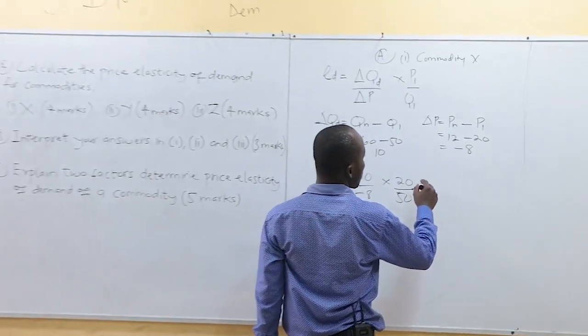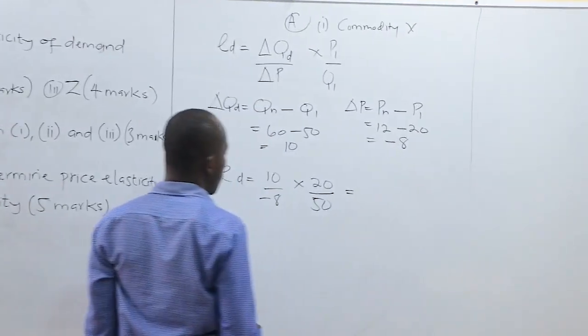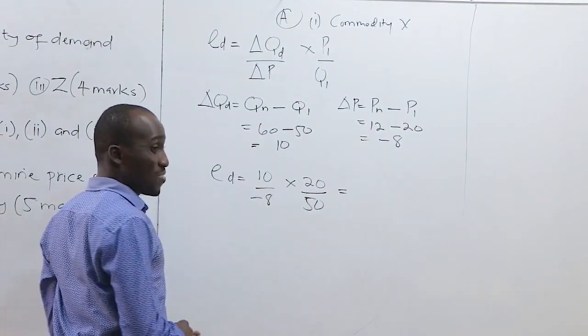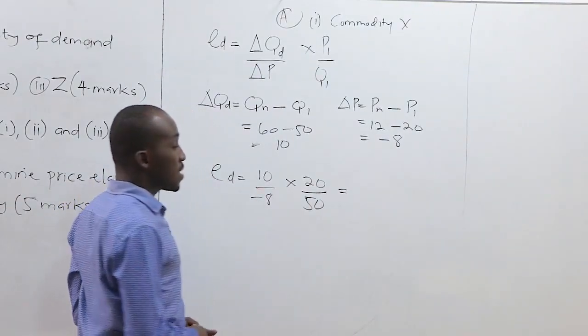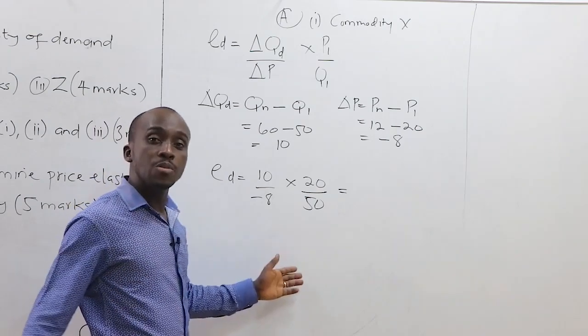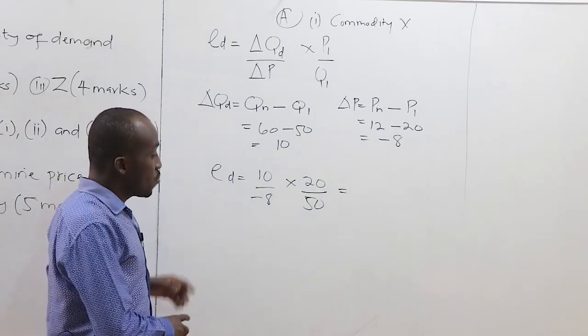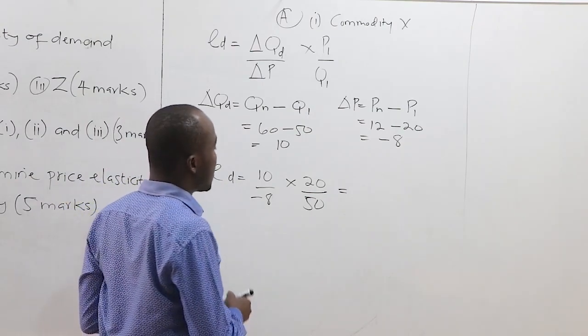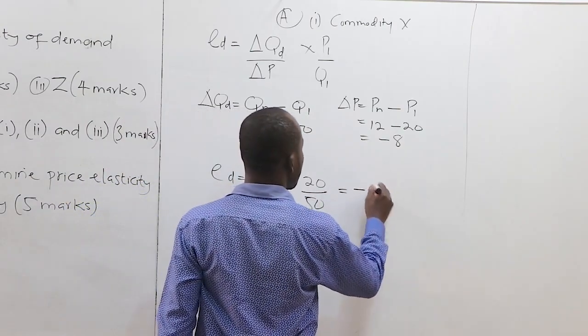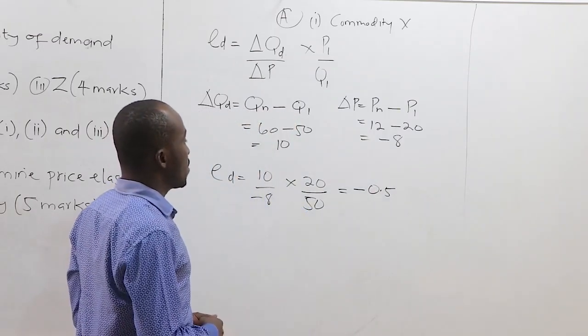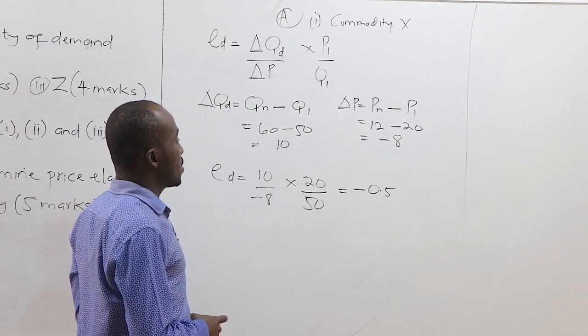If you use your calculator and punch, you know that some zeros can cancel. Or if you want to make life easy for yourself, you can use your calculator to punch the numerator, punch the denominator, and divide without even worrying yourself. If you do that, you're going to get your final answer at negative 0.5, right? Negative 0.5.